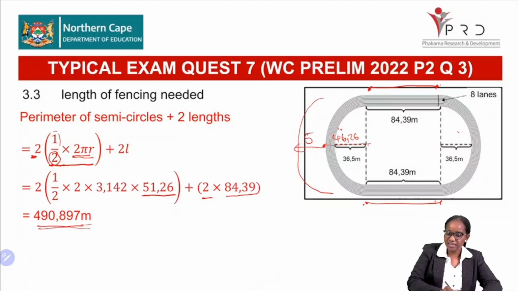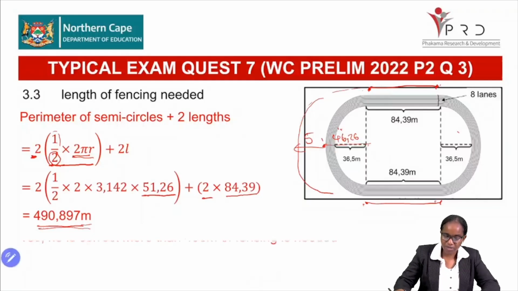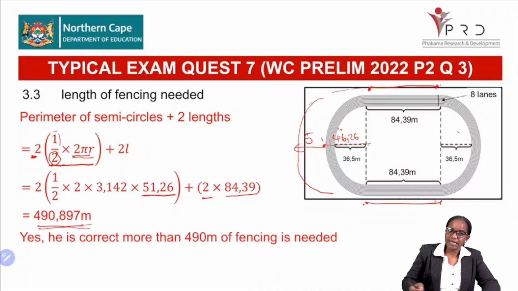That will be the perimeter of the fence, which is 5 meters away from the outer track. Now let's answer the question. The salesperson said we will need more than 490 meters of fencing. So from what we've calculated, we can safely say he was correct in saying that, because truly we need more than 490 meters of fencing.